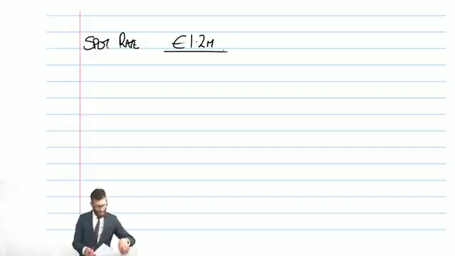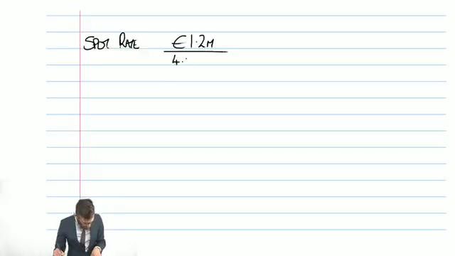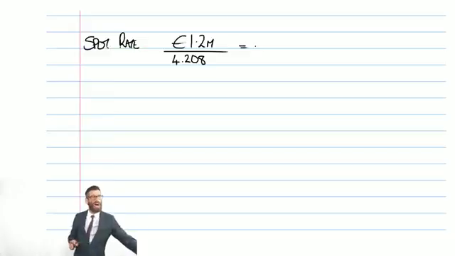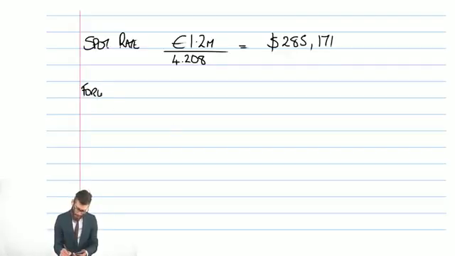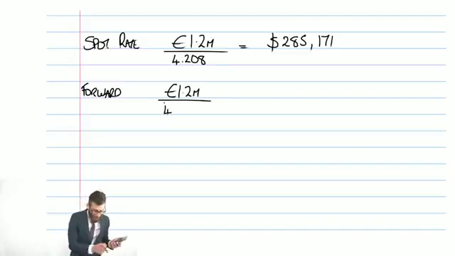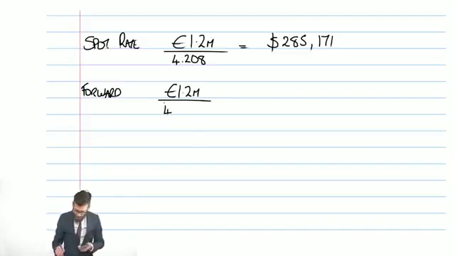PZK is here. So the rate we are looking at is 4.208. What's that going to yield us in dollars? 1.2 million divided by 4.208, that's going to yield us 285,171. The forward, what's that going to generate for us? 1.2 million euros at the rate of 4.2606.